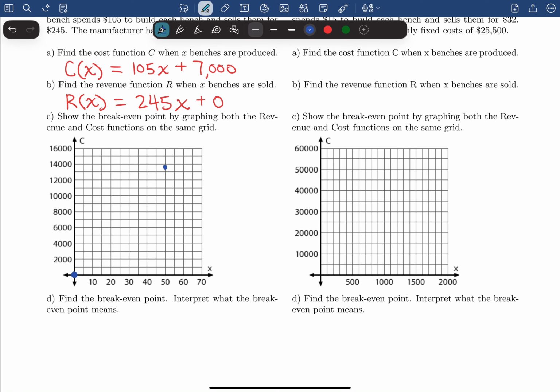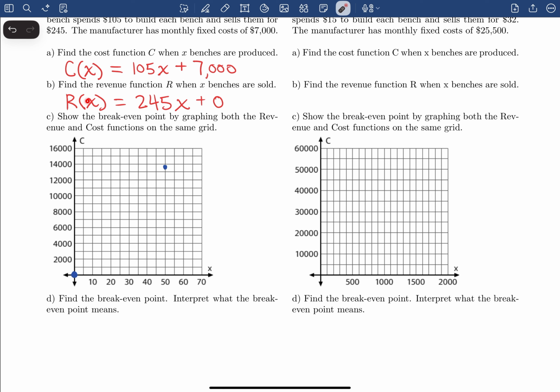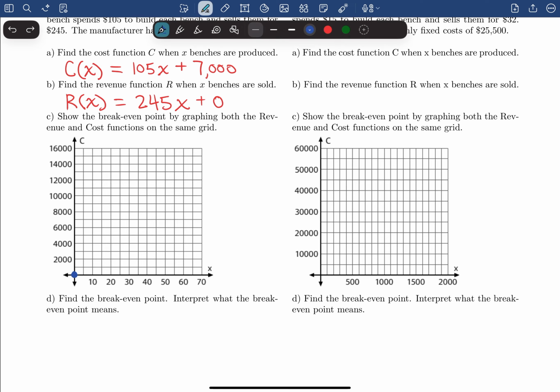So if I input 50 into this function, I get 245 times 50. That gives me 12,250, which is located somewhere right here. I'm going to eyeball it. Boom. Okay, so this point in question is (50, 12,250). And so my revenue function looks like this.